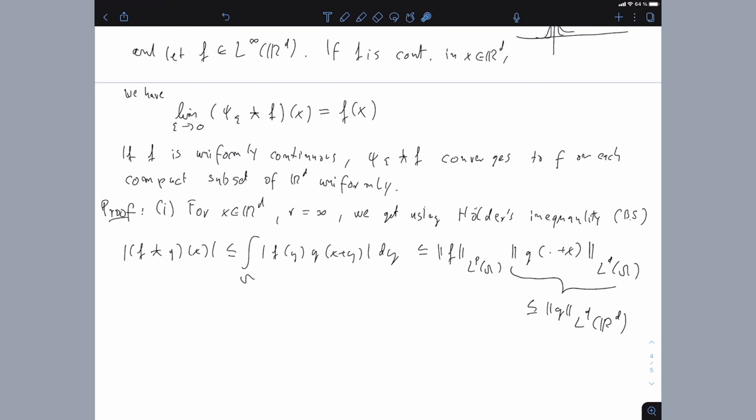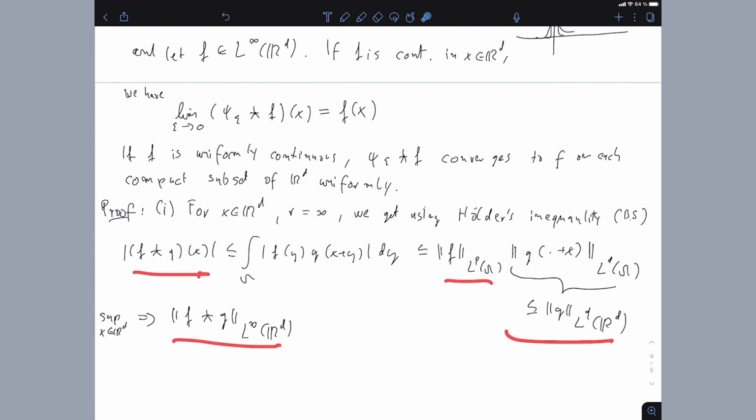Okay, so that means we have estimated the correlation at a position x by the product of f and g in the corresponding LP and LQ norm. And this is completely independent of x on the right-hand side. So there's no x anymore. So I can take the supremum over all the x. Then the left-hand side changes to the L infinity norm. The L infinity norm is just the essential supremum over this.